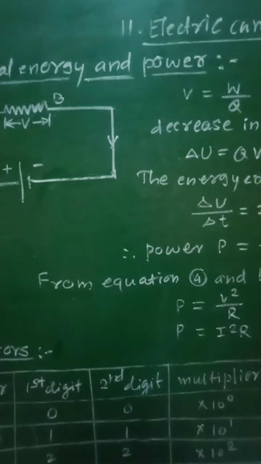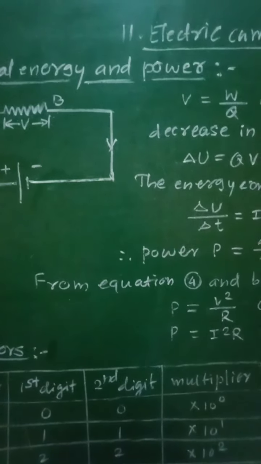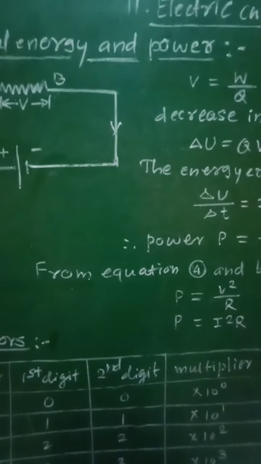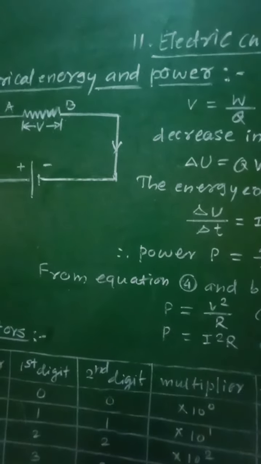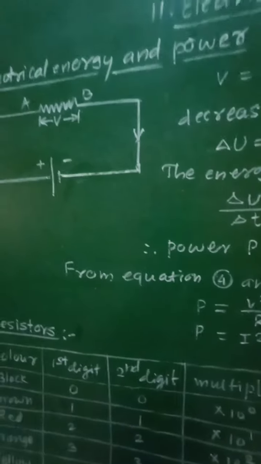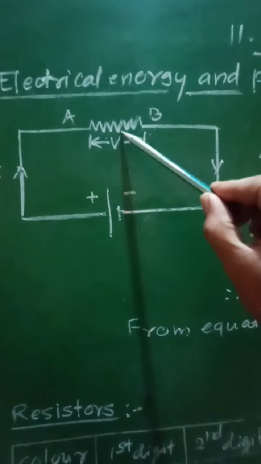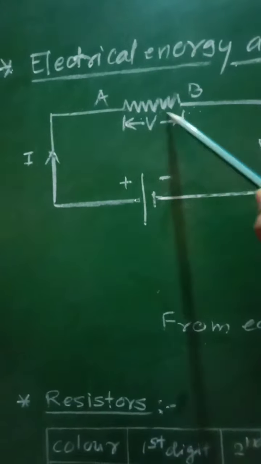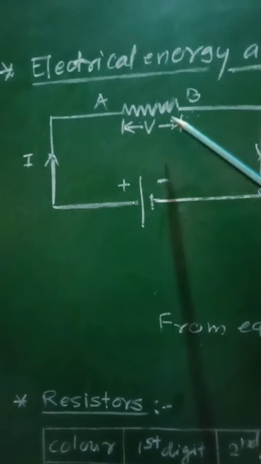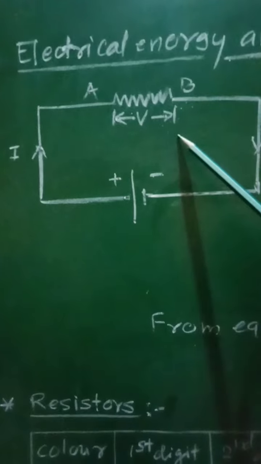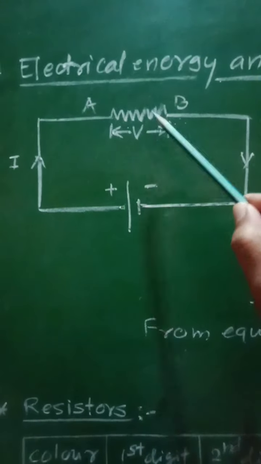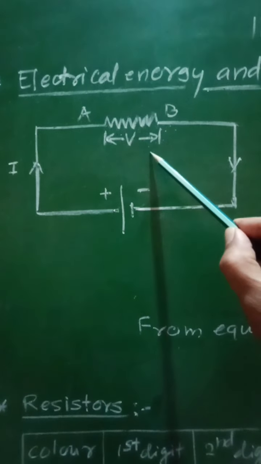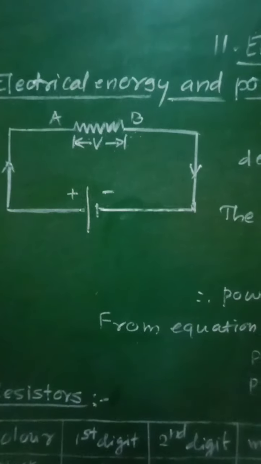The vibrations of these ion cores will increase, resulting in heating up of the resistor, and thus some amount of energy is dissipated in the form of heat energy in that resistor. So when an electric field is applied to this resistor, electrons are moving across it. Due to the collisions, there will be dissipation of energy, and due to the resistance offered by this resistor to the flow of current, heat energy will be produced there, and therefore the resistor gets heated.